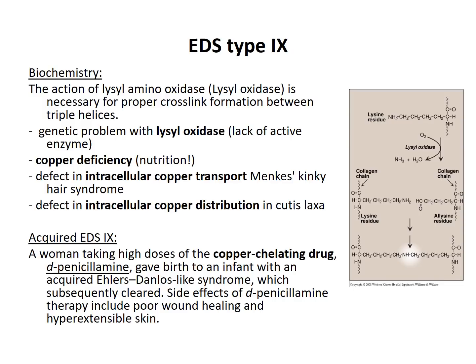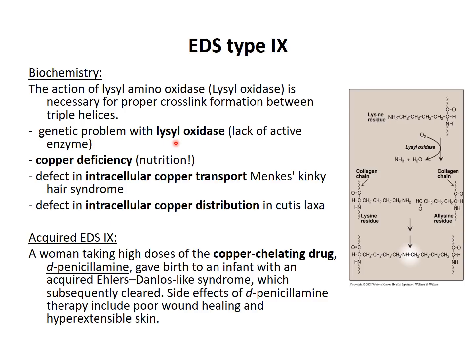deficiency. So why I'm saying that type 9 has subtypes, because it could be not just that the lysyl oxidase, the enzyme, is not working so that the aldehyde residue will not be produced so that it cannot cross-link, but that there is the very important copper without which lysyl oxidase cannot work.